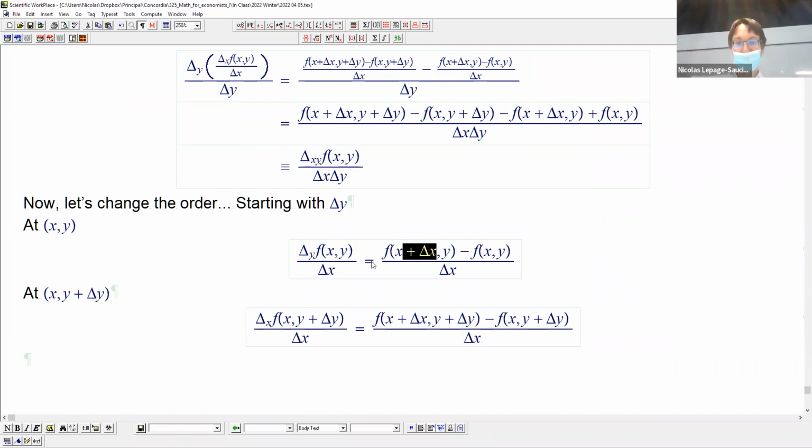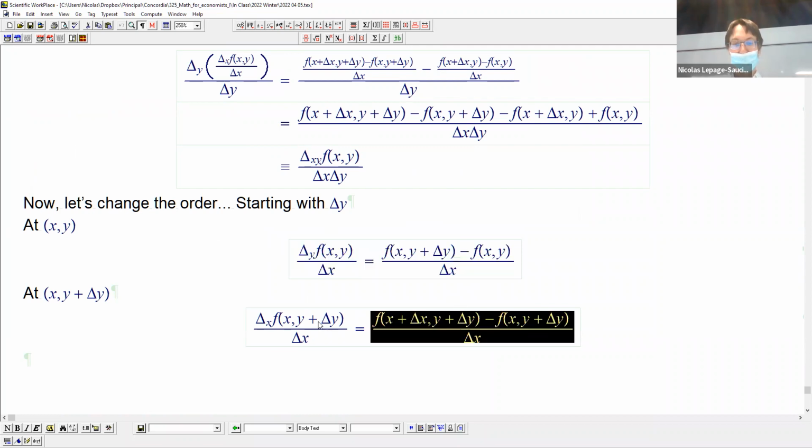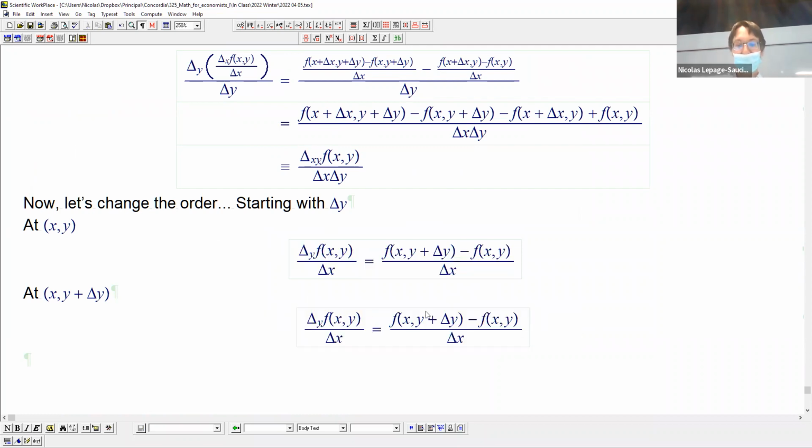So it's x plus delta y. And then I vary the same thing, but just at some further value of delta x, plus delta x. And this is the delta y.